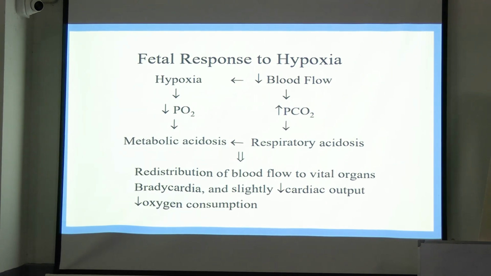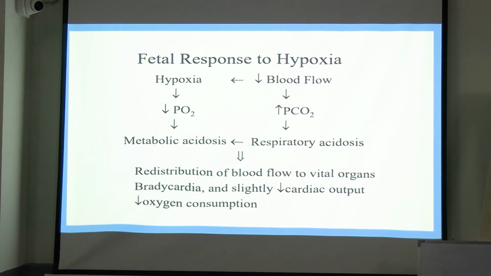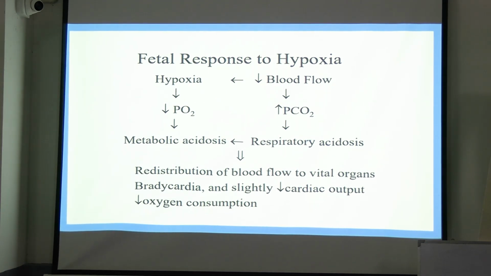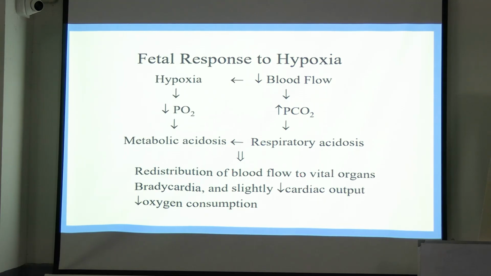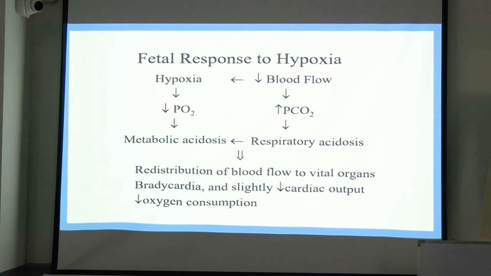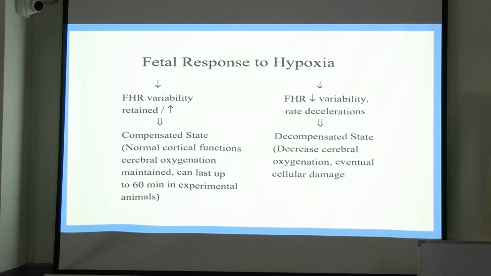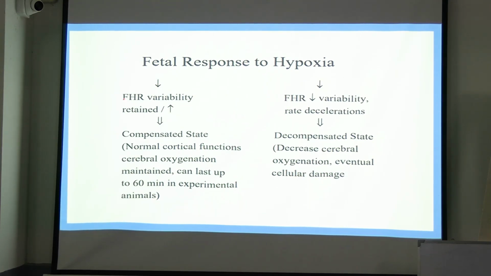If there is decreased blood flow in the fetus, there is hypoxia, then respiratory and metabolic acidosis can be there, and redistribution of the blood flow to the vital organs will be there. There will be bradycardia, slightly decreased cardiac output, and decreased oxygen consumption in the fetus. If fetal heart rate variability is retained or increased, it is a compensated state.